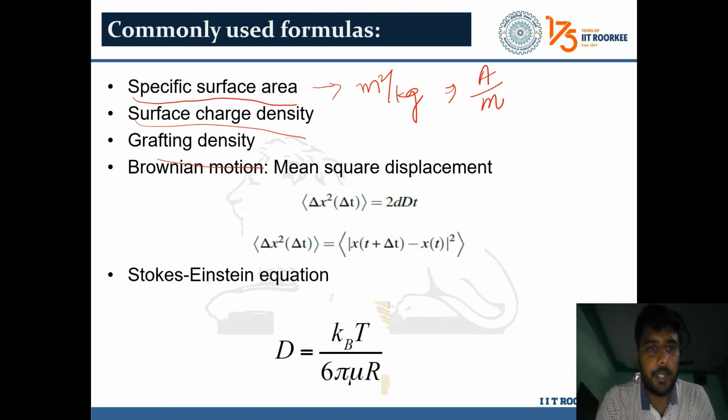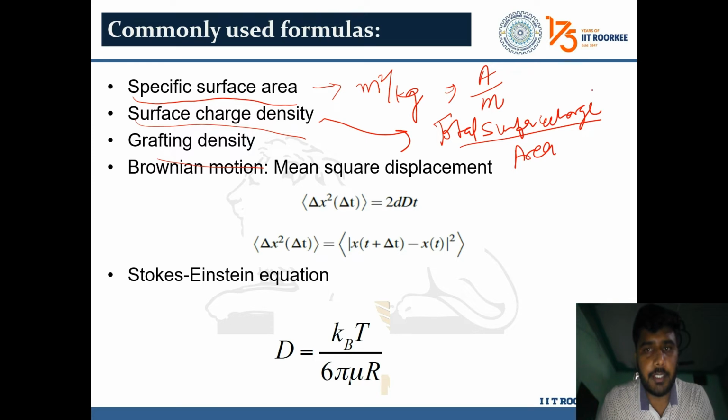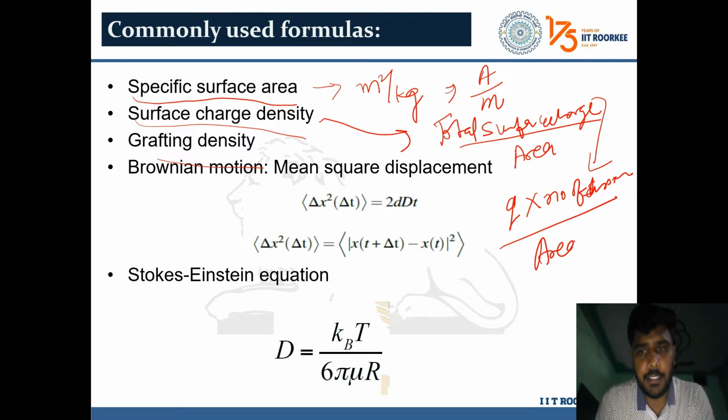The surface charge density is the total surface charge divided by the area, and the total surface charge you can calculate as the charge q multiplied by the number of dissociated functional groups, divided by area. Simple calculation. And grafting density is basically the number of molecules adsorbed on the particle surface per area.